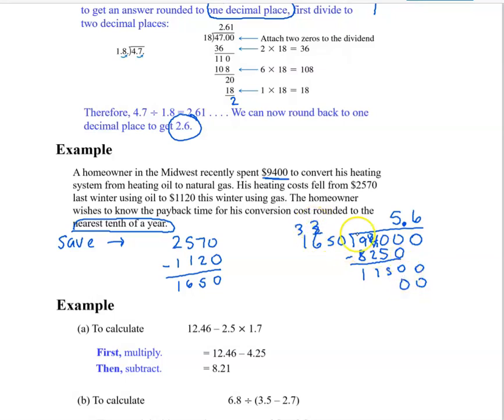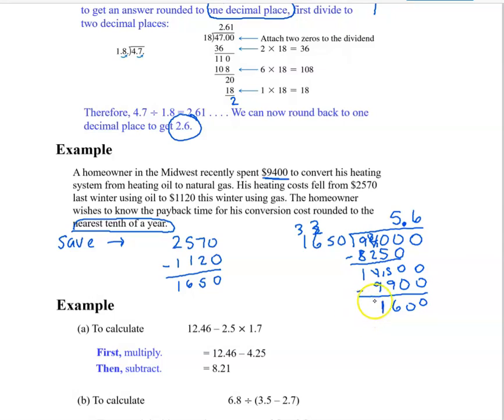Carry your 3 this time. 6 times 6 is 36, plus 3 is 39. And then 6 times 1 plus 3 is going to give us 9. So when we subtract, we're going to get 1,600.